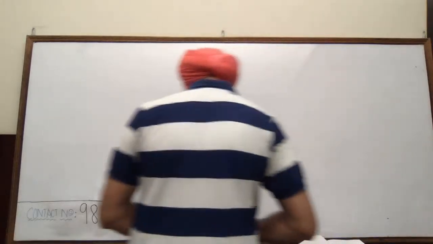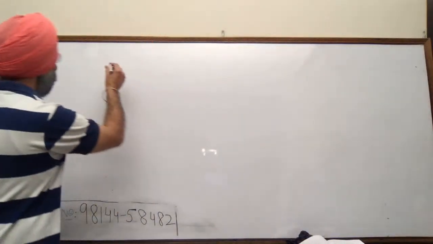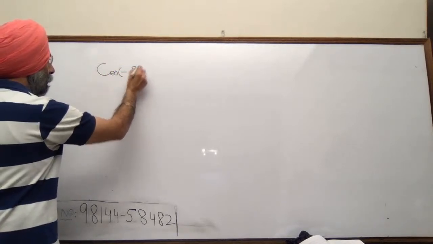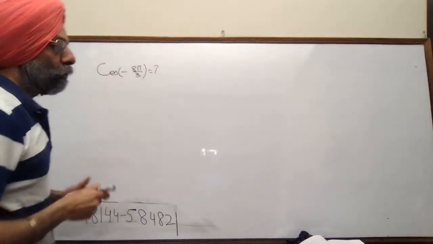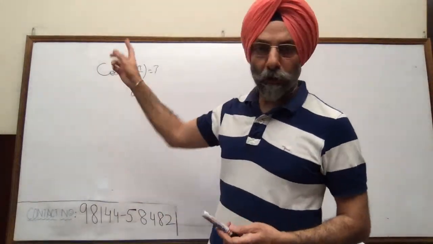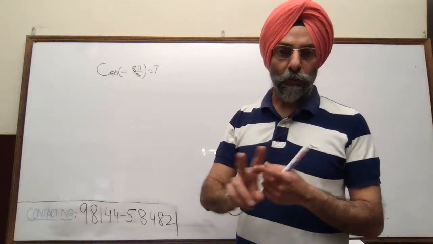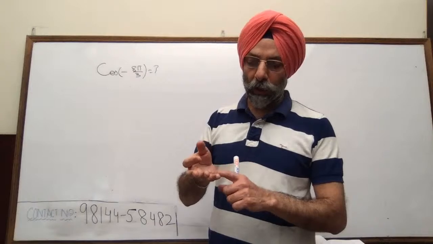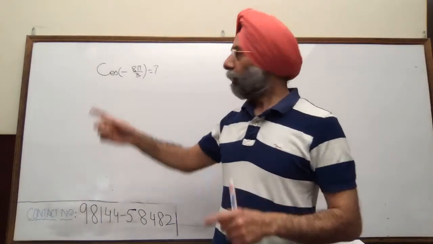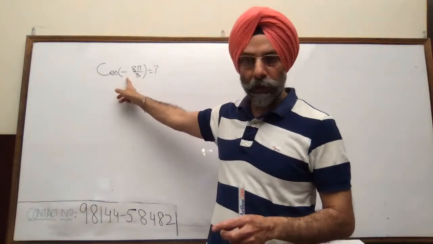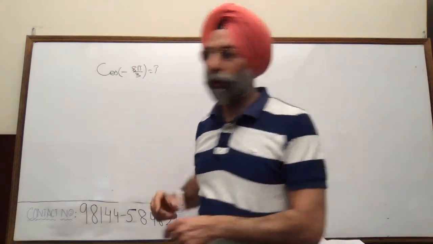So first question which we are going to discuss here is cos of minus 8 pi by 3. So we have to find the value of this. Now listen all of you. So beta, first step while finding their values, whether it is sine, cos, tan, cot, secant, cosecant, you have to write down your angle in the positive direction, that is anti-clockwise direction.